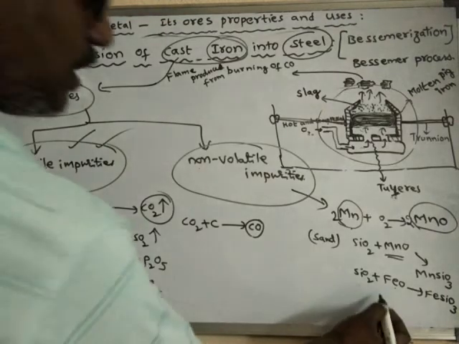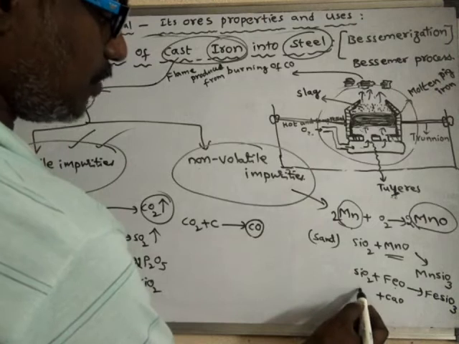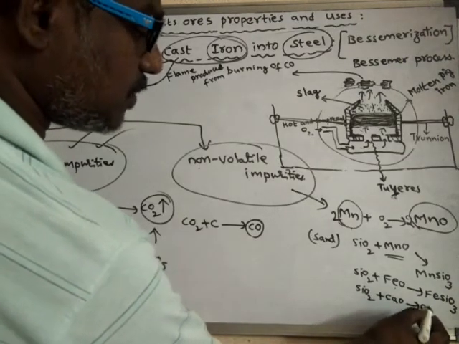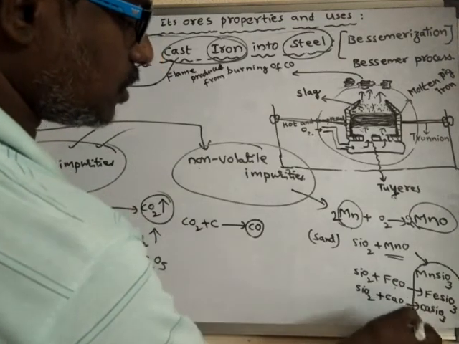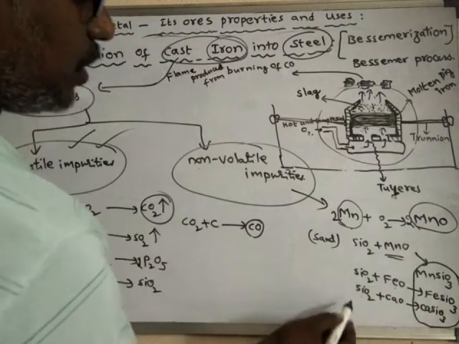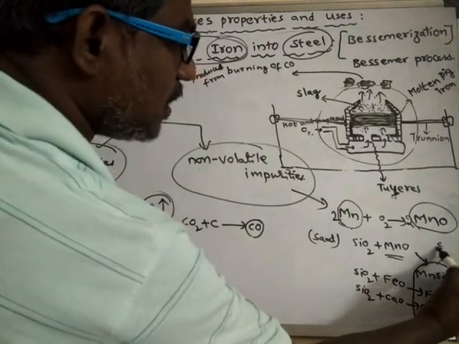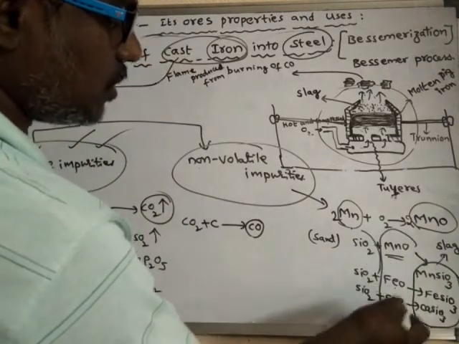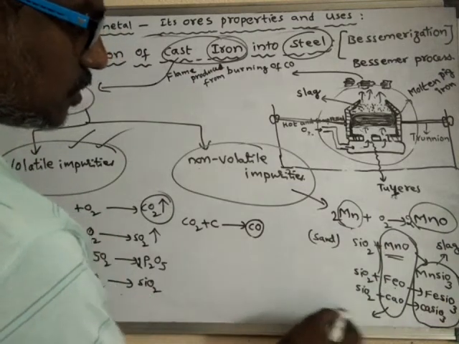Even some of the lime reacts with the silicate to form calcium silicate. So these are all impurities. This is called slag.